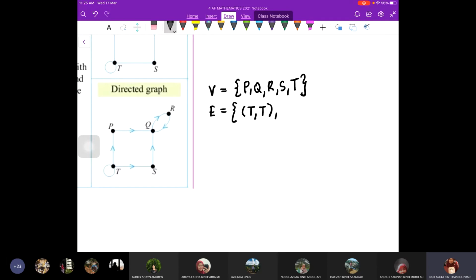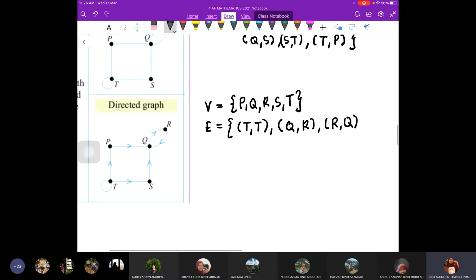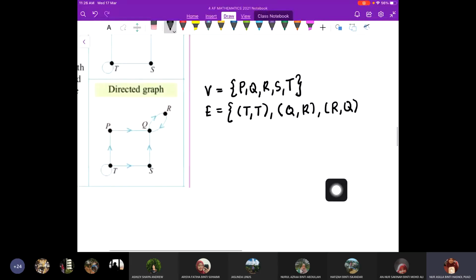Multiple edges kena consider direction. Satu daripada Q ke R, satu lagi daripada R ke Q. So both QR dan satu lagi mesti RQ. So if you see kat atas tadi, teacher tulis dua-dua RQ. So ni tak kisah mana mula, mana akhir. But for directed graph, the position is important. Okay. And then baru kita consider yang lain-lain.